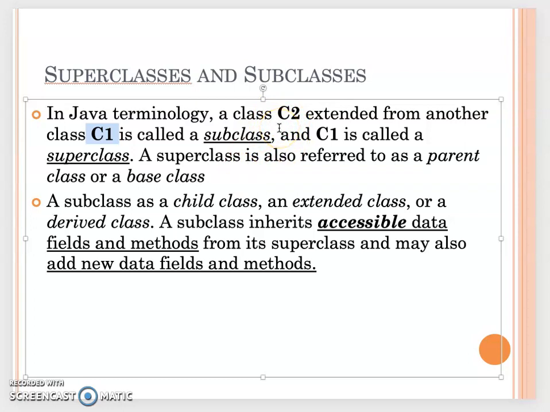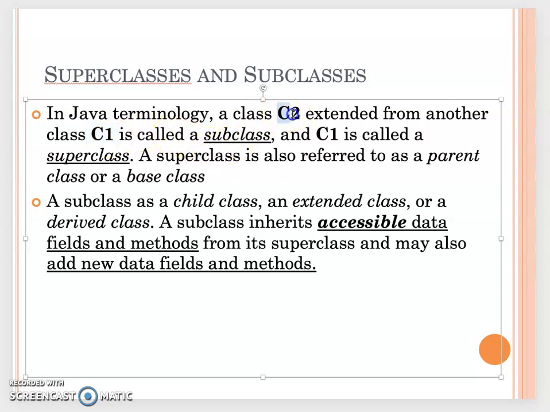We don't want to redefine those data fields or methods in C2 with the same code. Instead, we just use C2 extends C1, so C2 will have the accessible attributes, data fields, and methods from C1.